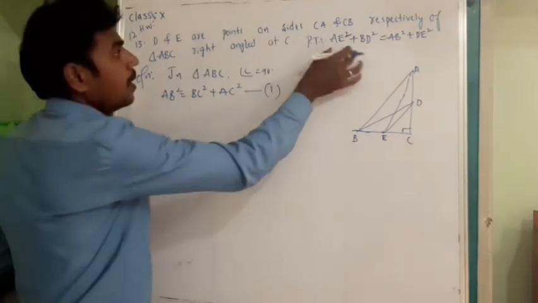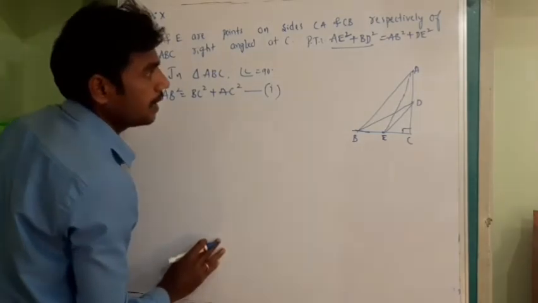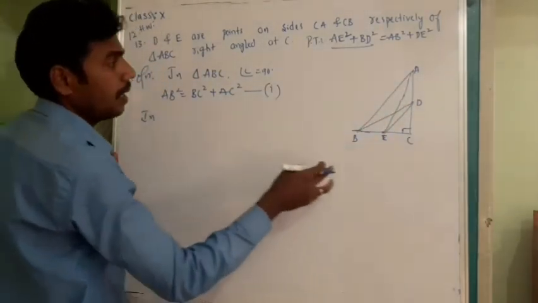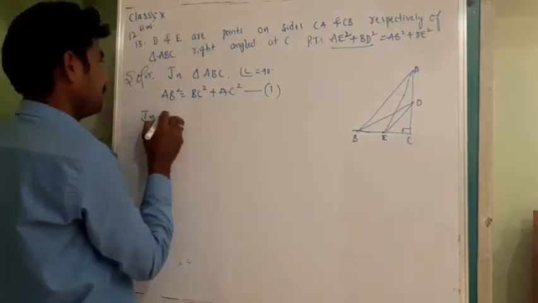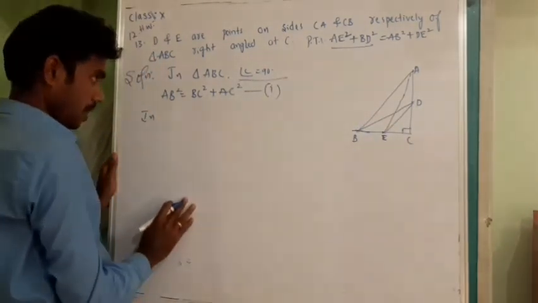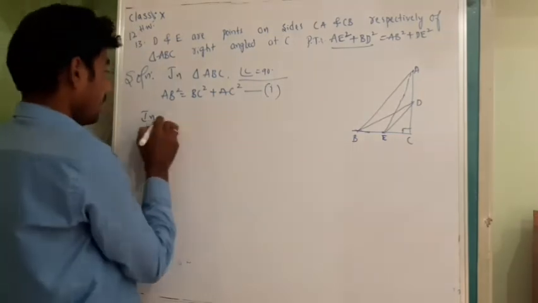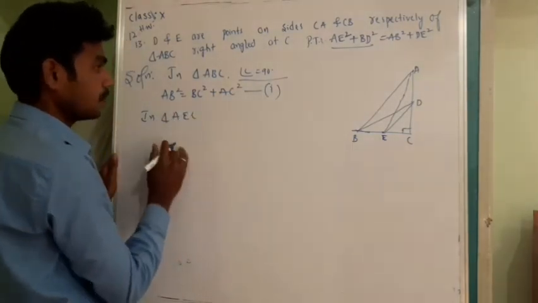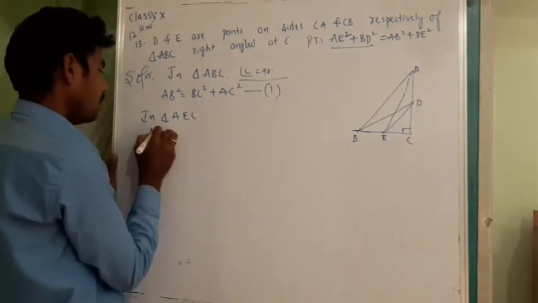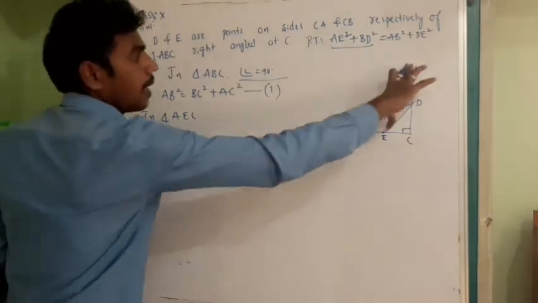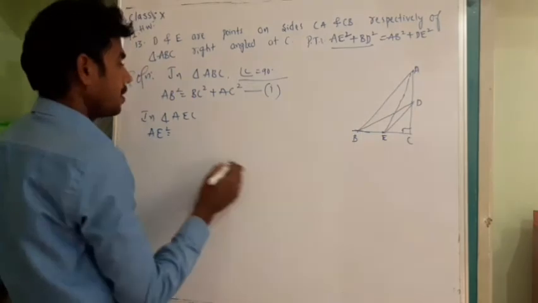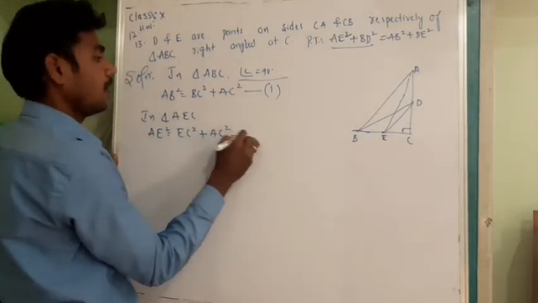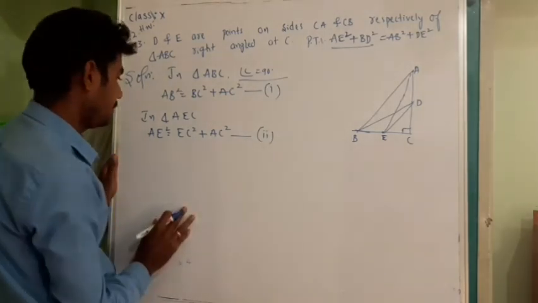Next, I'll make use of this. First, I need to find AE in triangle AEC. Already we said the angle C is equal to 90 degrees. In triangle AEC, AE square is equal to EC square plus AC square. We'll call it equation number 2.